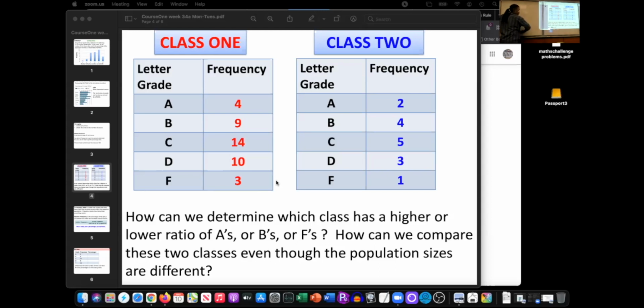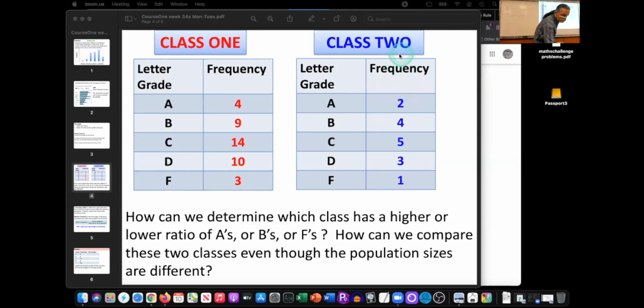Okay? Now, if you took this data and you made a bar graph, since we got two groups, we can put the two bars next to each other and shade one of them. So let's see, we've got to go up to 14. So let's see, 2, 4, 6, 8, 10, 12, 14.